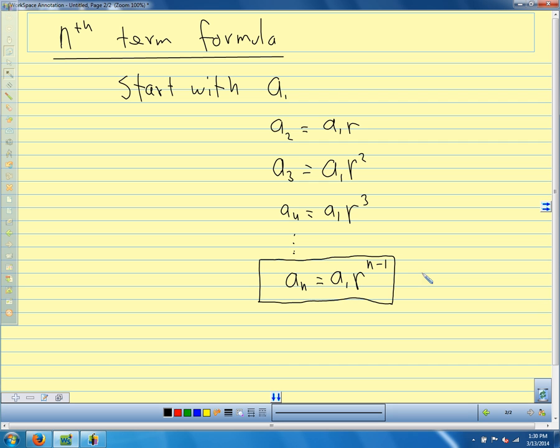Now just as a side note, in this particular book, we're starting our geometric sequence with a sub 1. Some books start with a sub 0. If we start from a sub 0, then our formula is a sub n equals a sub 0 times r to the n.